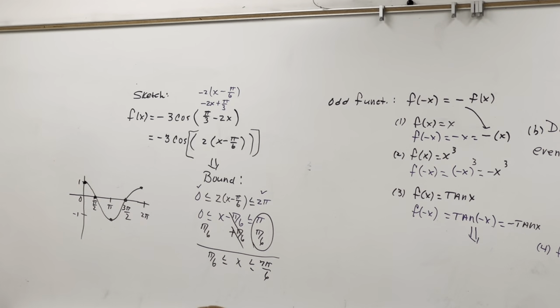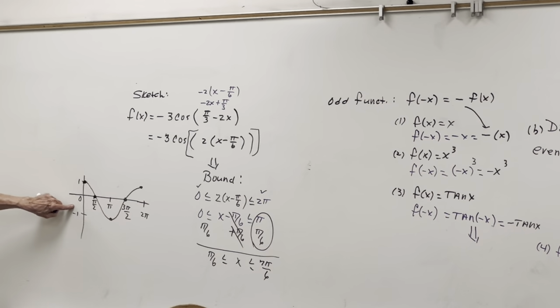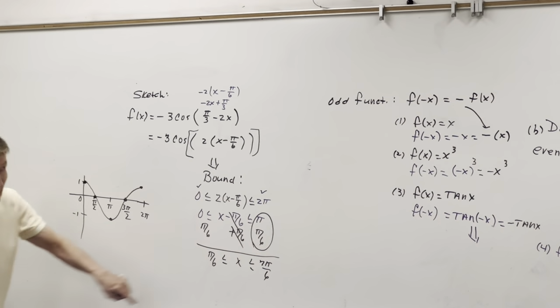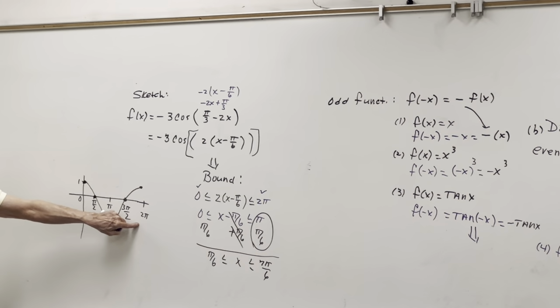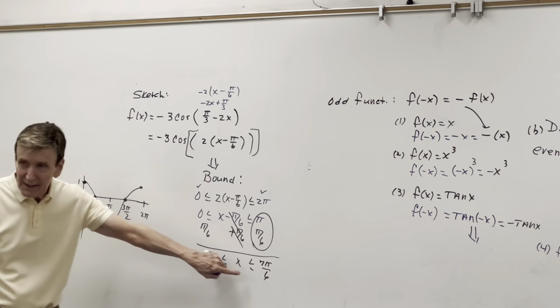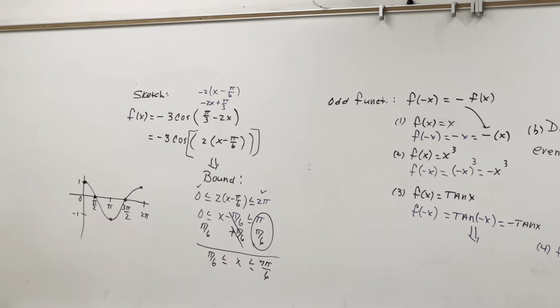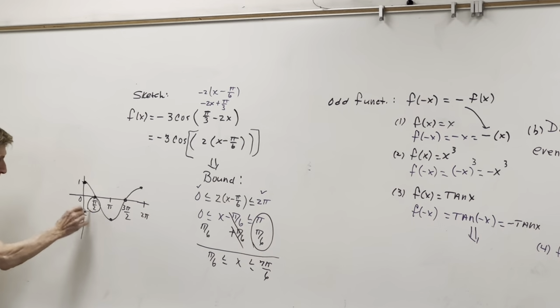Now, what we've discovered is my parent graph started at 0. This graph is going to start at pi over 6. My parent graph ended at 2 pi. This one's going to end at 7 pi over 6. So I have the beginning and the end. Even on the parent graph, are there some angles caught between them?